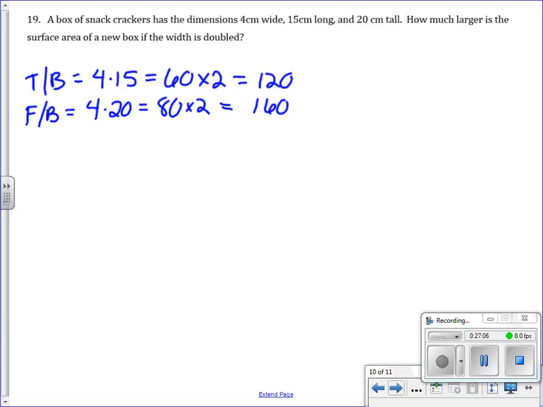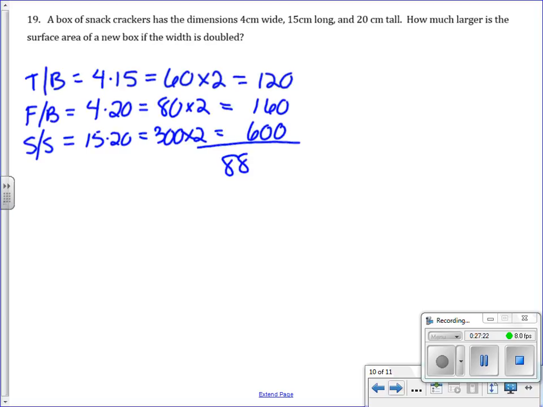And then my side and side on this first one is going to be 15 times 20. And that's going to equal 300 times 2. And that's going to give me 600. All right, when I add all these up to get my surface area, I wind up with 880. This is centimeters squared. Okay, so this is my original surface area.